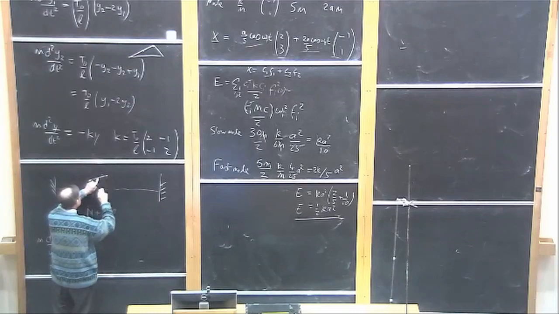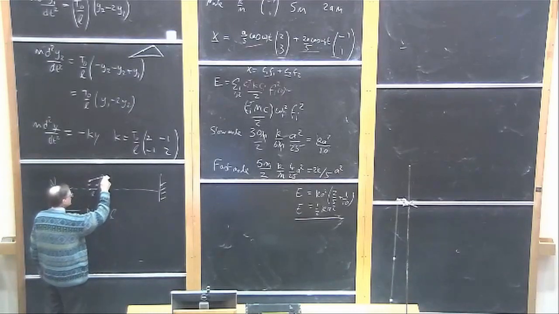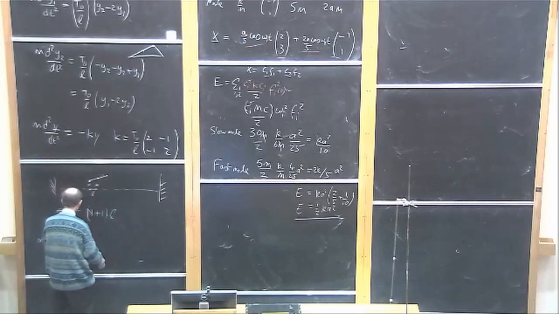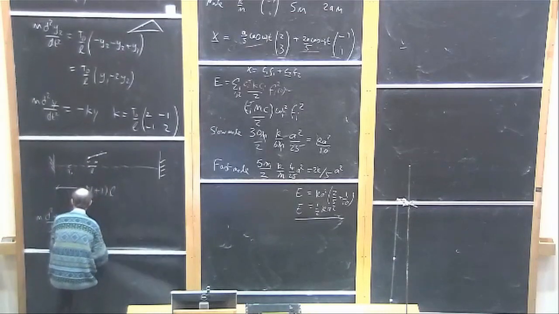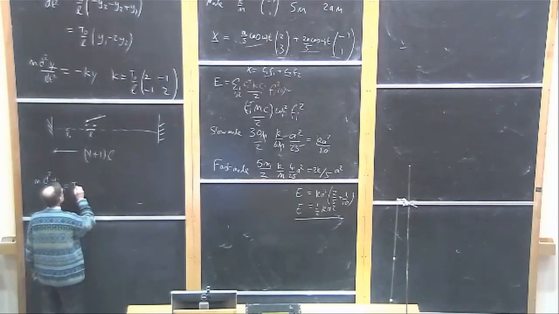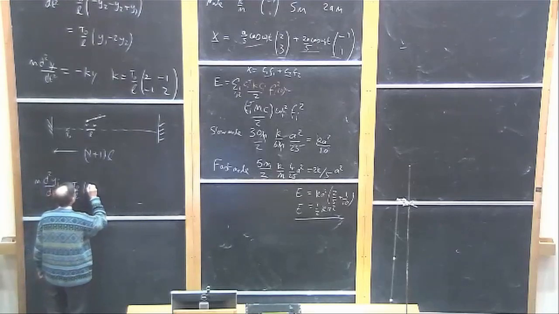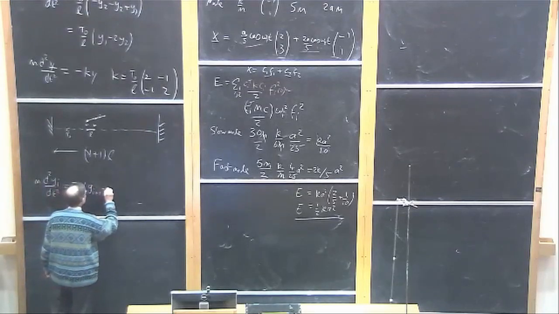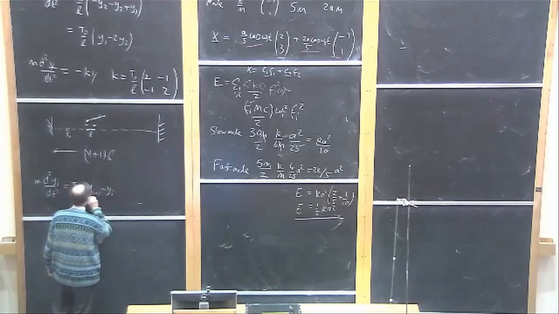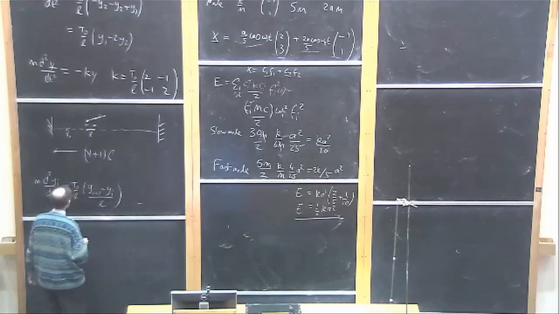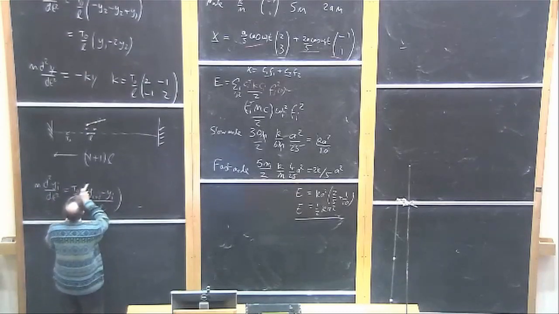The vertical component of that tension is effectively T naught times delta y over L. So it's T naught over L, yi plus 1 minus yi, and that's pulling it upwards.